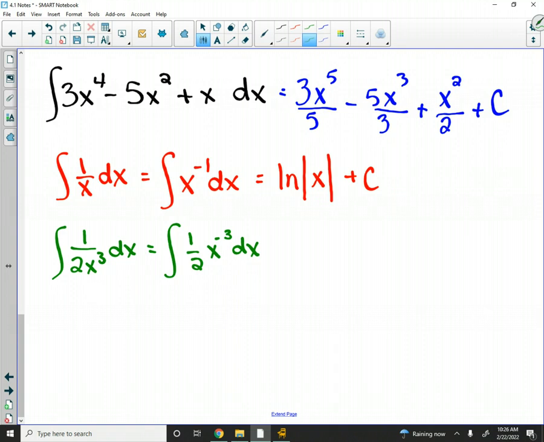And then when I go to integrate, the 1/2 tags along. Add 1 to the power, divide by that new power, plus c. And then I need to bring that x part down, so this will end up being 1 over negative 4x squared when I combine those fractions.